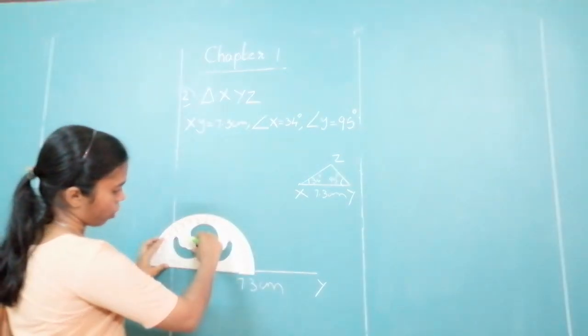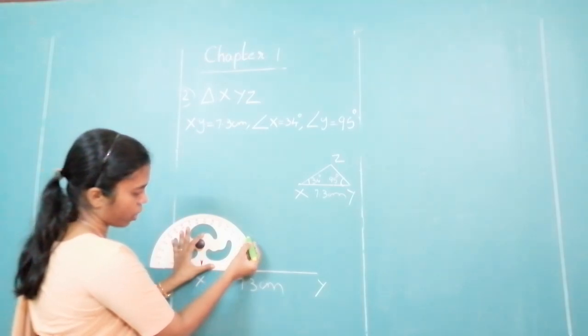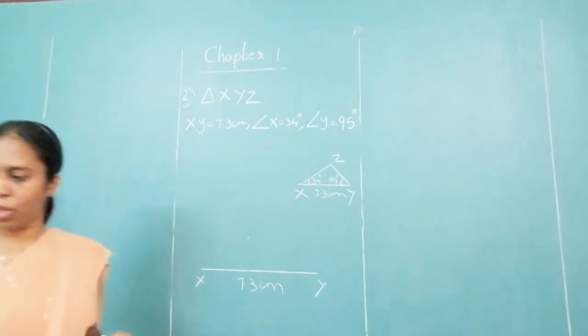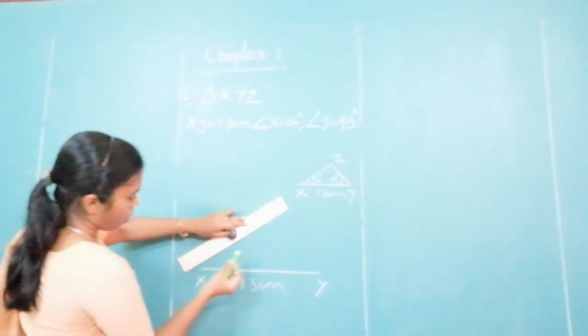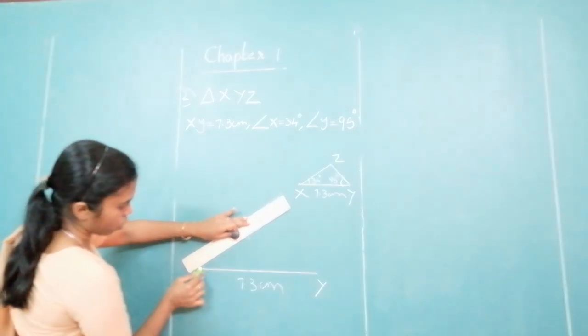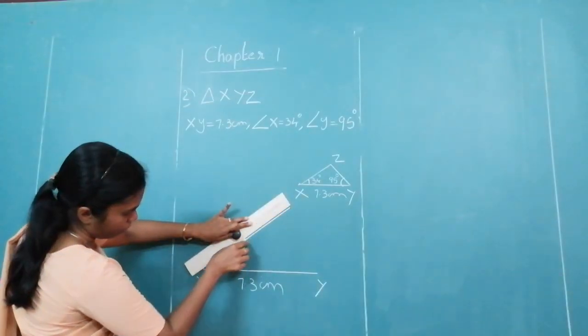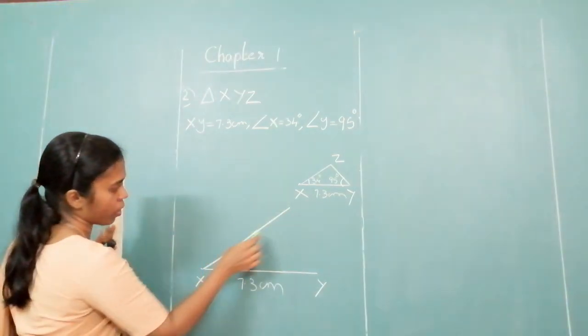So keep it on X. Counting from here, where your 34 degree comes, mark the point for 34 degree. Once you finish marking, draw the ray passing through that point.